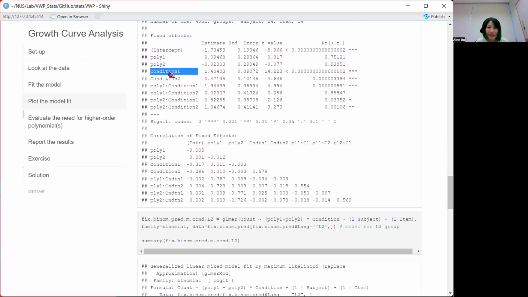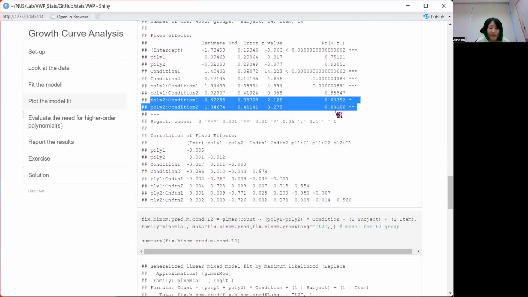You can see that condition 1 and 2 are still both significant. The poly 1, so linear effect by target condition, is still significant. The slope was still different between the target and unrelated condition. And for poly 2, they both interact. So poly 2 interacted with the target effect and the English competitor effect in A1 speakers.